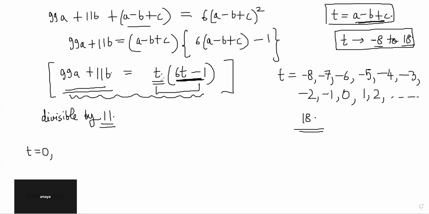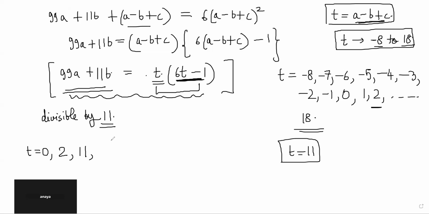Now it is a matter of trying out some numbers and seeing the pattern. For example, if I put T as 2, you get 2 into 12 minus 1, which is 11. So 2 is also allowed. 11 will obviously be allowed, T equal to 11.